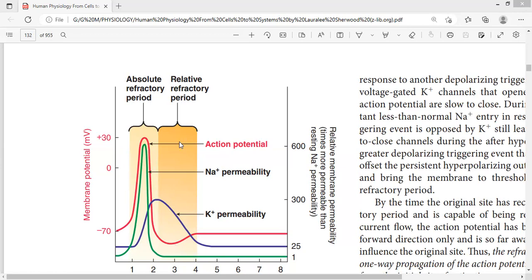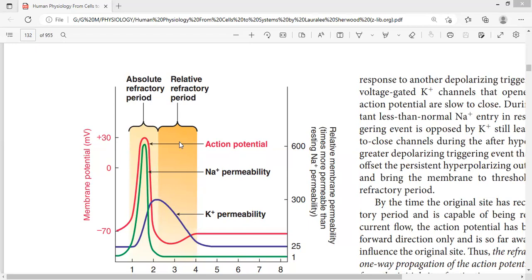So the absolute refractory period is whereby it is simply impossible for another action potential to be generated. But in the relative refractory period, it is possible.